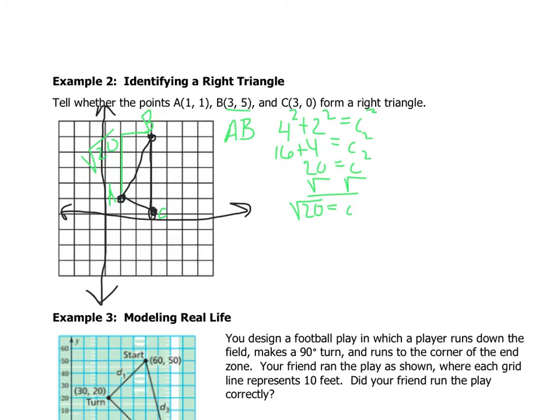Now let's focus on AC. So AC down here, again, we don't know what that is by counting. We do know there's a right angle if I was to create a right triangle by coming down 1 and then going left onto the right 2.